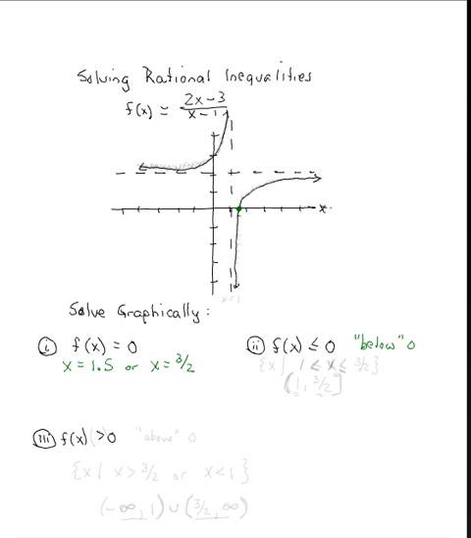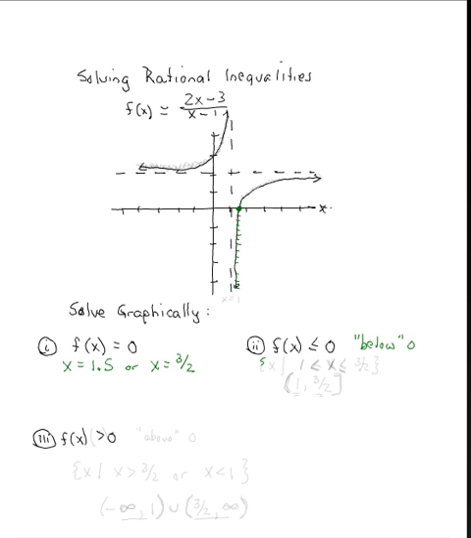And on my graph, I can see that the function values are below 0 as we approach this asymptote. Now we do need to be careful here. Our function values don't go all the way to the left, so I cannot just say x is less than 1.5 or x is less than 3/2 because we have our asymptote there.